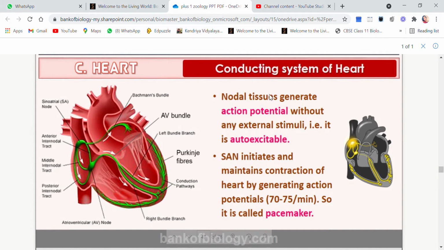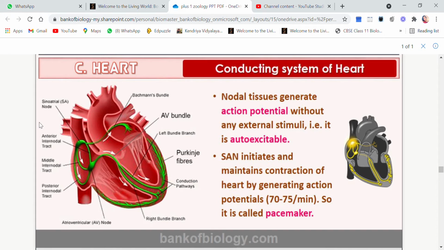It is the nodal tissue. So, children, nodal tissues will generate action potential without any external stimuli. Now, the question arises, who will give the potential to nodal tissues? Because we have learned that there should be an external stimulus for every action.